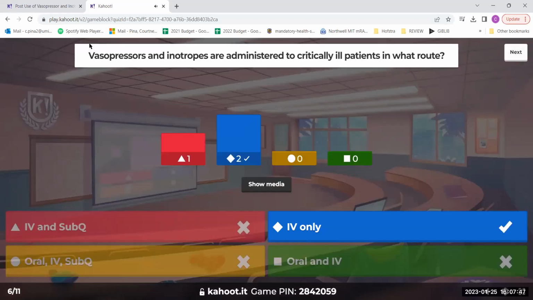So again, you would never give inotropes and vasopressors sub-Q. It's definitely either a peripheral IV or a central IV. You can give an epinephrine shot sub-Q, but when you're administering it to a critically ill patient, it's time to go straight into the IV.